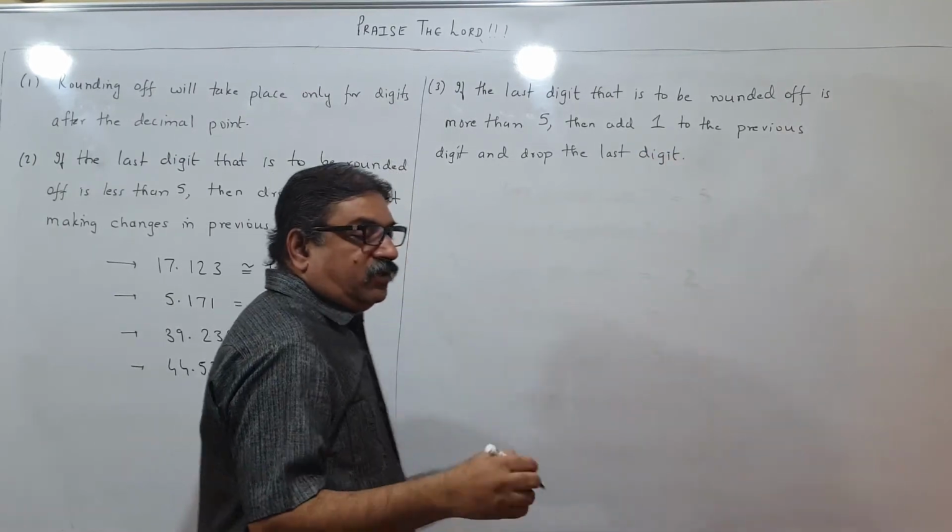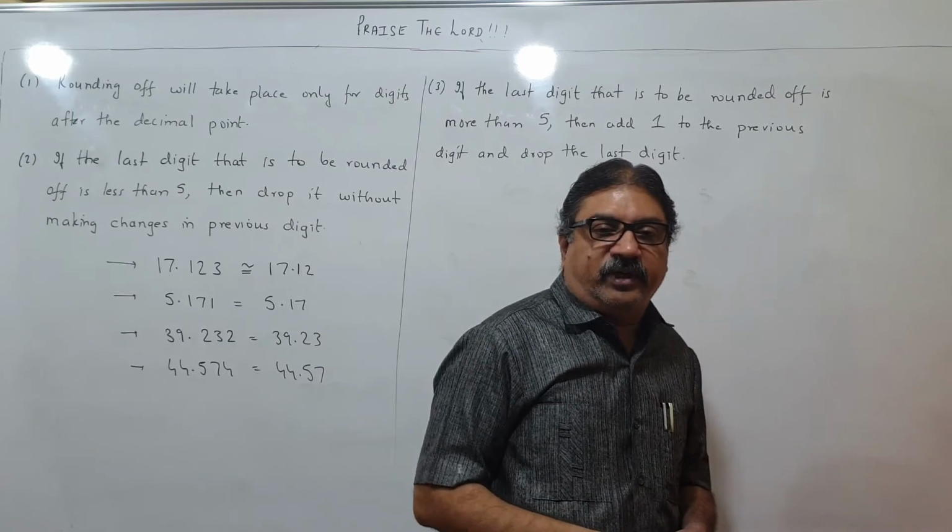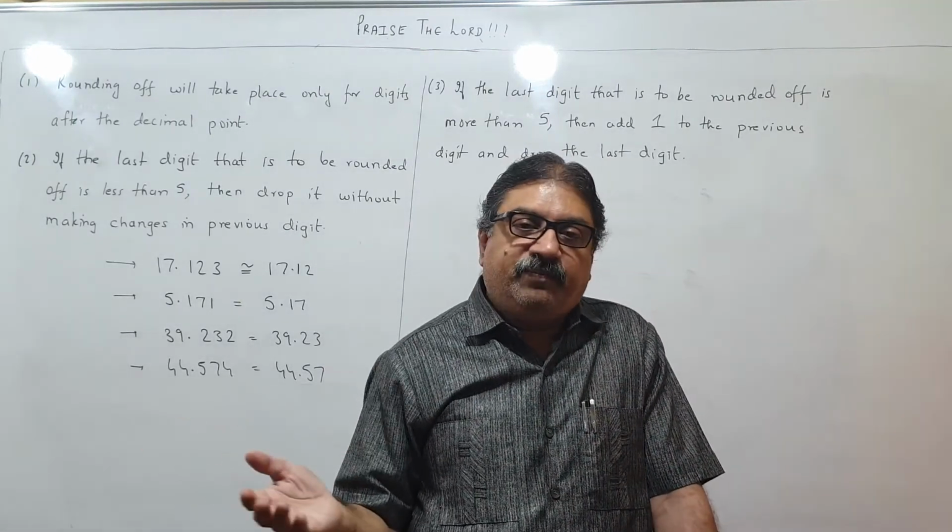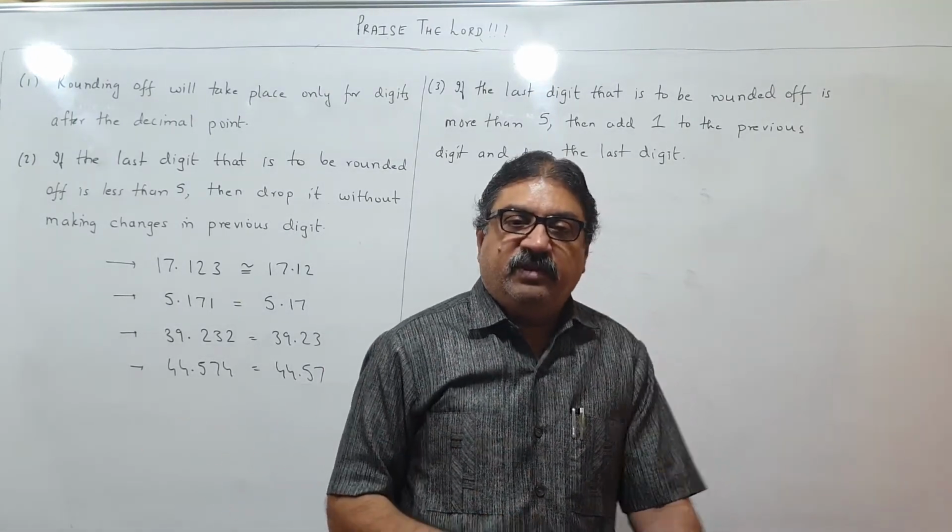So if your last digit is more than 5, say 6 or 7 or 8 or 9, then drop it and add 1 to the previous digit.